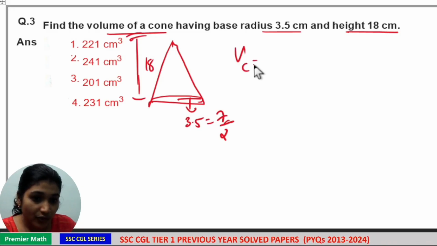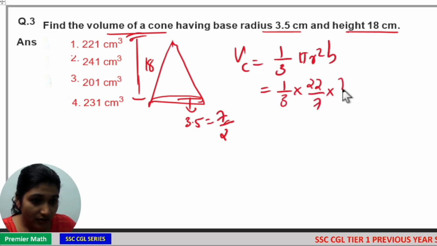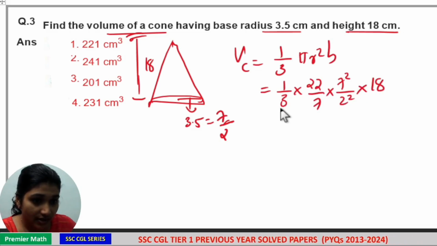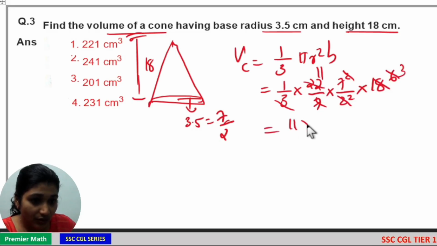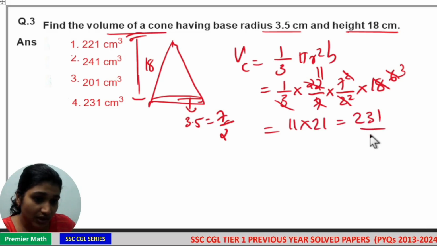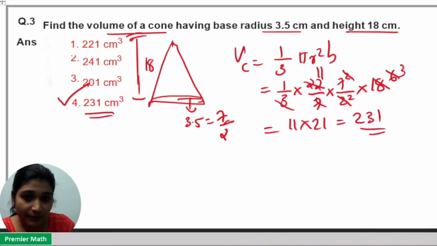Now, volume of cone is equal to 1 by 3 pi r square h, which is 1 by 3 into 22 by 7 into r square, that is 7 by 2 the whole square, into h, which is 18. 3 goes 6 times in 18, 7 cancels, 2 square is 4, so 2 goes 3 times in 6 and 11 times in 22. So this is equal to 11 into 7 into 3, which is 21. 11 into 21 means 231. So the answer is a multiple of 11, option 4 is your answer.